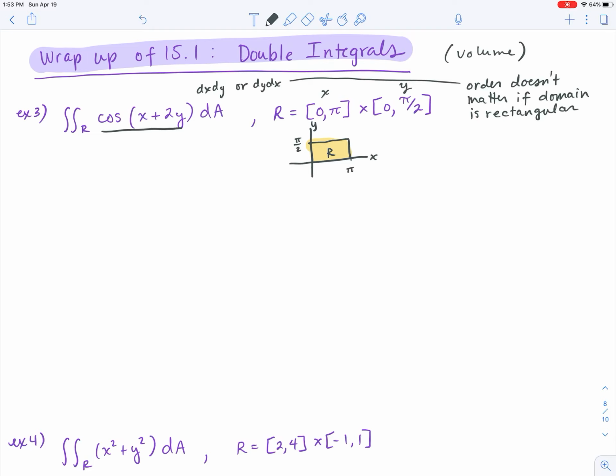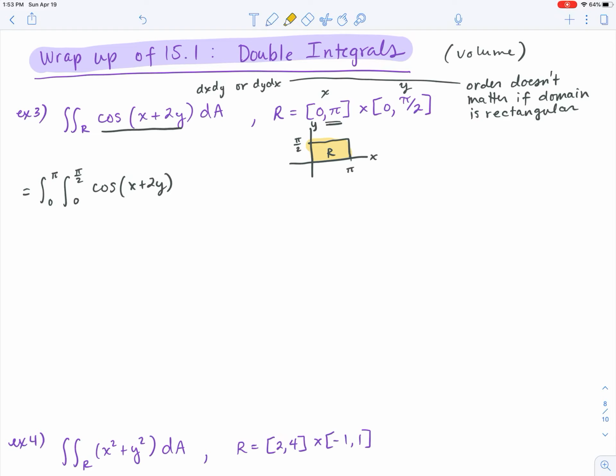Okay, so since it's arbitrary, I'm just going to go ahead and set this up as the integral from 0 to pi. So that's my x. And then the integral from 0 to pi over 2 of cosine of x plus 2y.